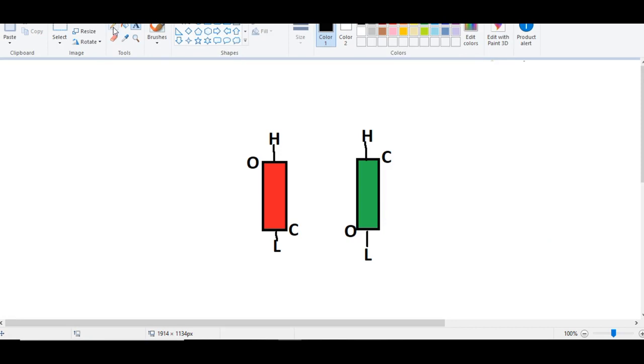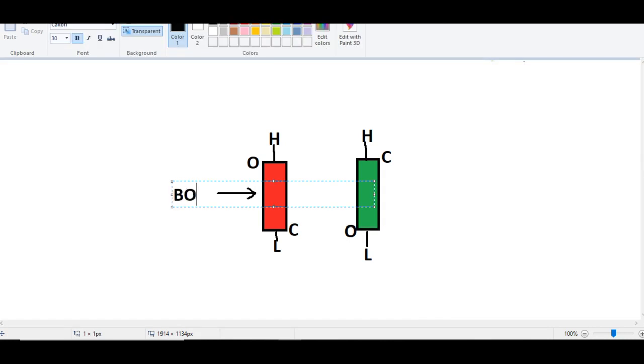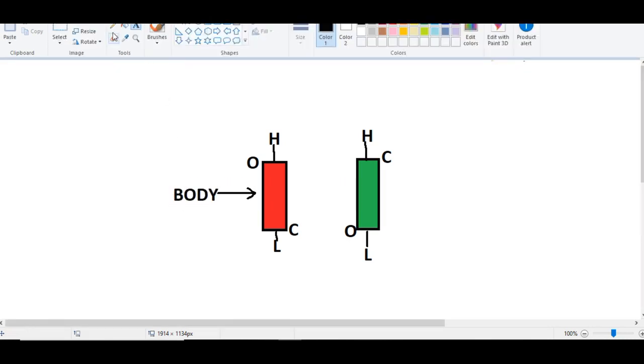Okay, now that we've understood the open, high, low, close of the candle, we also learned that it is a red candle because it opened higher and closed lower, and it's a green candle because it opened lower and closed higher, right? Now this red part that you see, that is called the body, and these lines that you see are known as wicks, or you can call it the shadow.